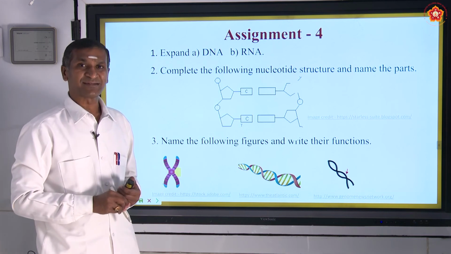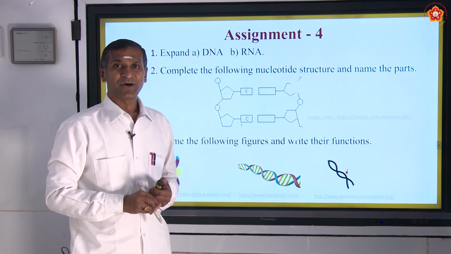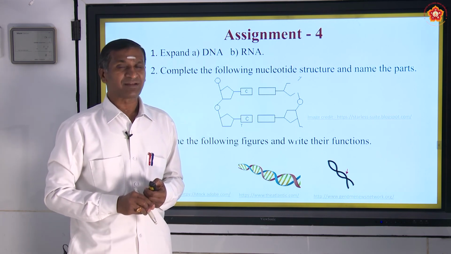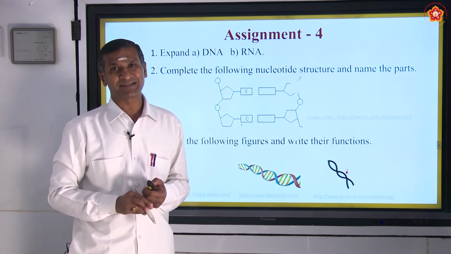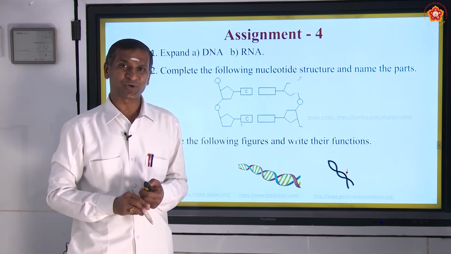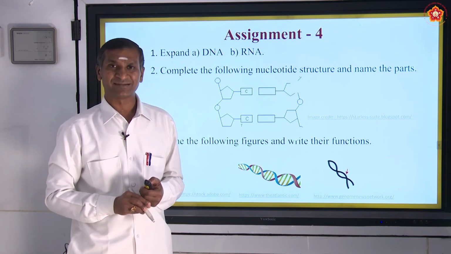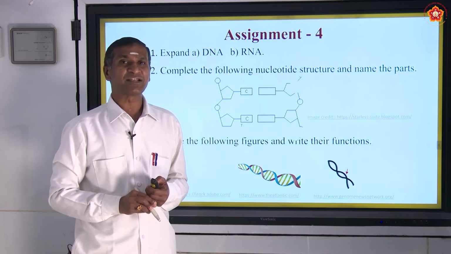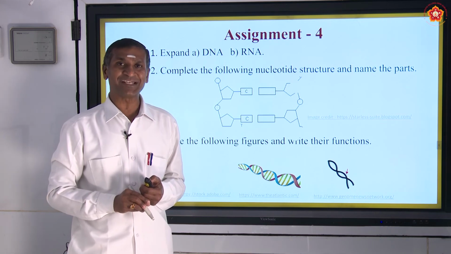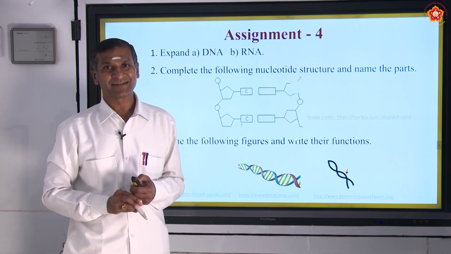Dear students, in today's class of heredity and evolution, the fourth part, we understood about the DNA and also the genes, where we came to know that DNA is the nucleic acid found in the nucleus, and its abbreviation is deoxyribonucleic acid.